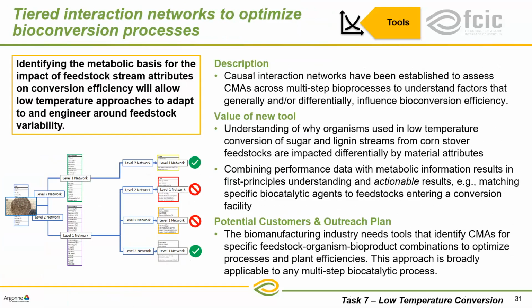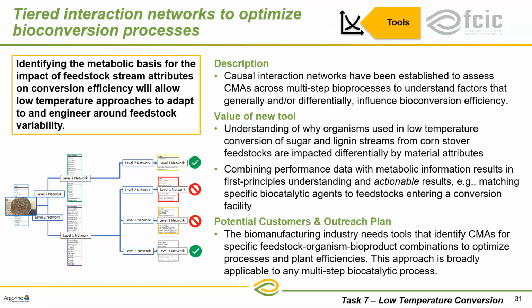And let's talk a little bit about that. Again, the modeling portion of this task is looking at artificial intelligence modeling to predict the performance of these microbial conversion steps based on the attributes of the biomass coming into the process. They're using these metabolic models that are available in the literature. They're embedding them into the AI framework and populating it both with the literature data and all the experimental data that I just talked about on the last slide.